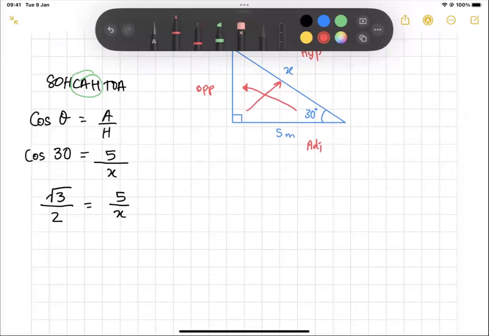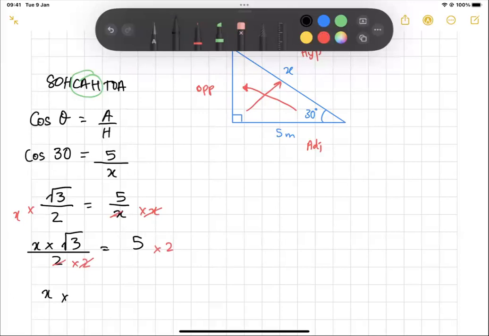I'm going to multiply this side by x, and this will cancel out. Let's just go the long way. x times square root 3 all over 2 equals 5. Then I'm going to get rid of this 2 by multiplying by 2 on both sides, and this will cancel out. Then on my left hand side, I get x times square root 3 equals 10.